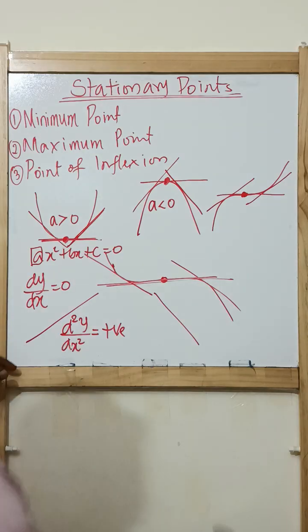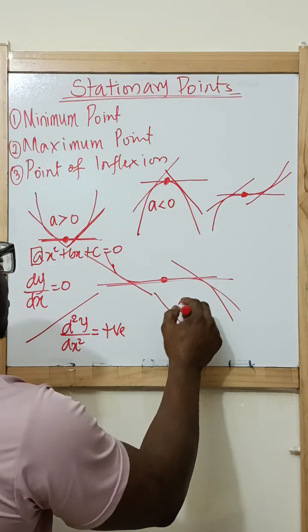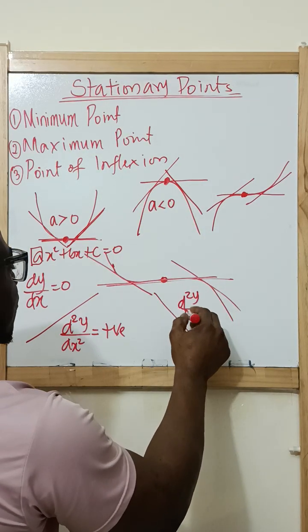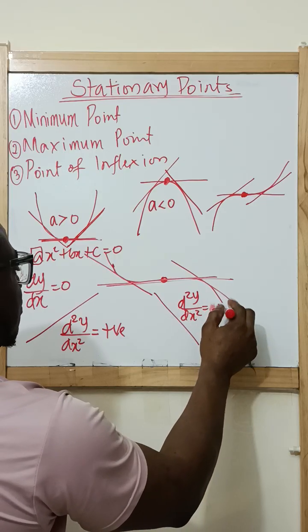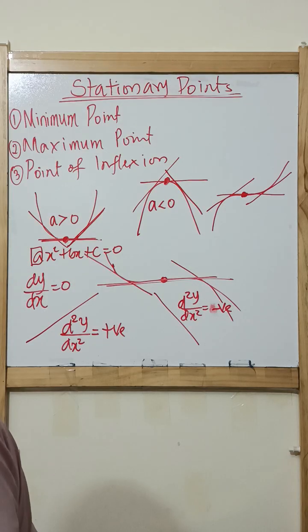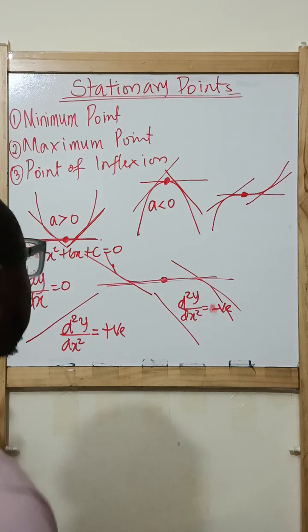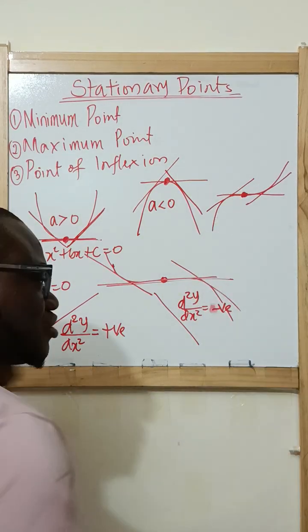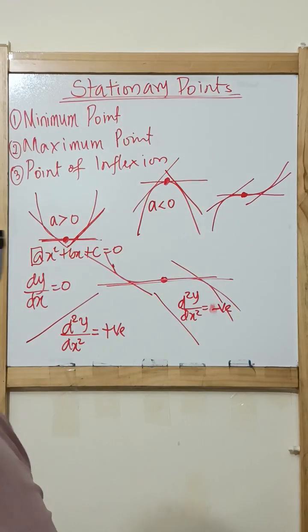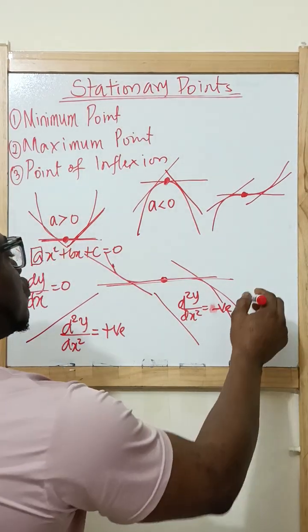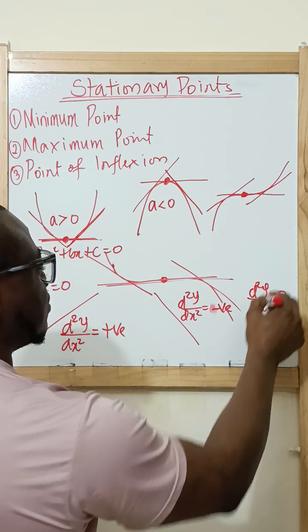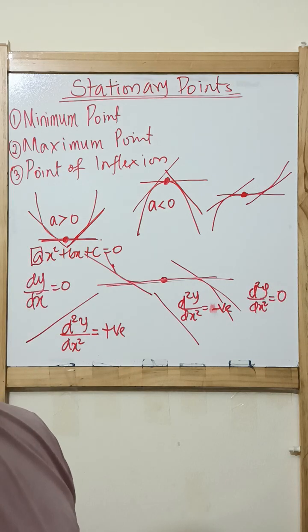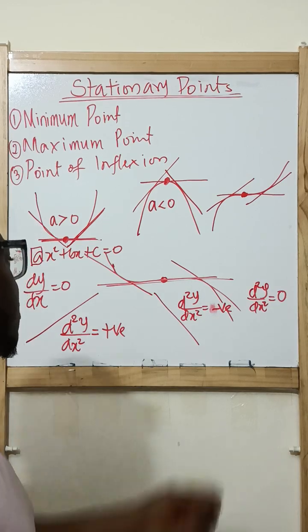And for the maximum, if I find the d2y/dx squared of this one, it's going to be negative. Now, for points of inflection, there will not be any change, which means the d2y/dx squared will be 0 for points of inflection in either direction.